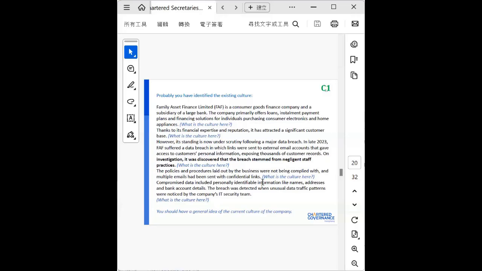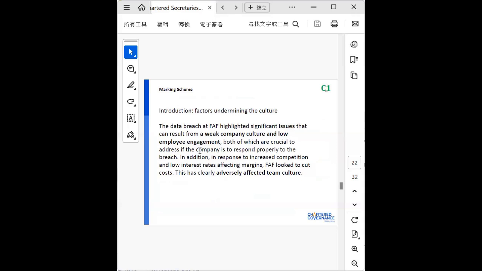So why is there a change in this type of culture? Then we have to understand from the case what are the factors that undermine this deteriorating culture. When you look at the marking scheme, they also say something like this in the introduction: the company culture is weakening and there's low employee engagement. They don't feel motivated and therefore they're really careless in their work. And this affects the team culture, this team spirit as well.